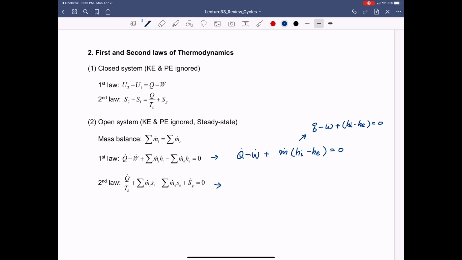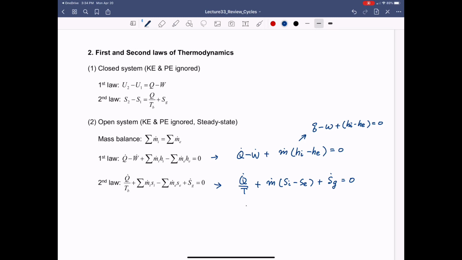The second law is the same. We can write the second law of thermodynamics in the most general case, but many times we only have one inlet and one outlet. Then this equation can be simplified as q dot over T plus m dot times (si minus se) plus the entropy generation rate equals 0.